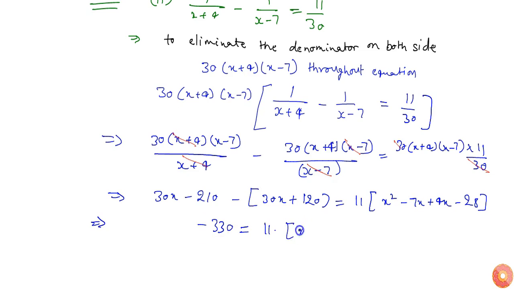So 11 into x square minus, sorry, this will be 3x: minus 7x plus 4x will be minus 3x, minus 28, and from here 11 will get cancelled by minus 330.